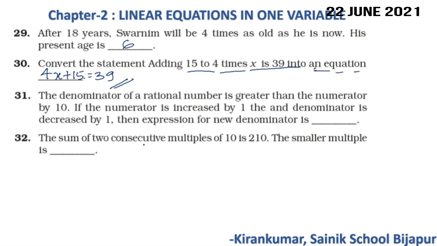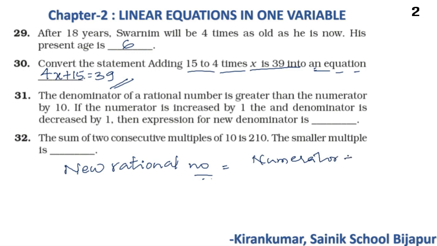Question 31. The denominator of a rational number is greater than the numerator by 10. If the numerator is increased by 1 and the denominator is decreased by 1, then the expression of the new denominator is. When I look at the statement here, the new rational number will have the numerator plus 1 and the denominator minus 1.